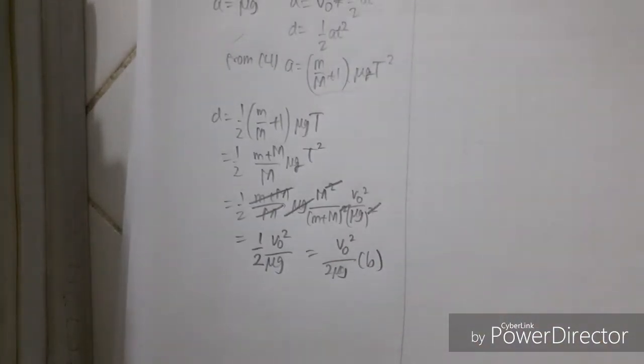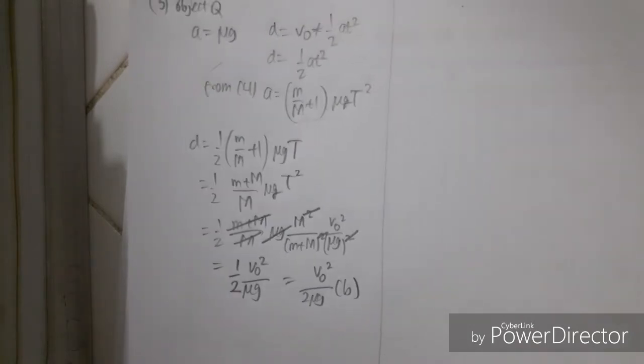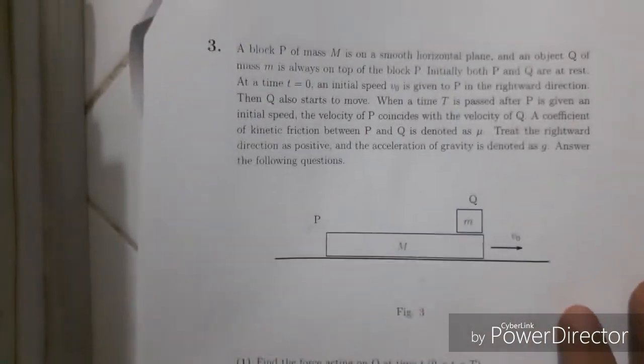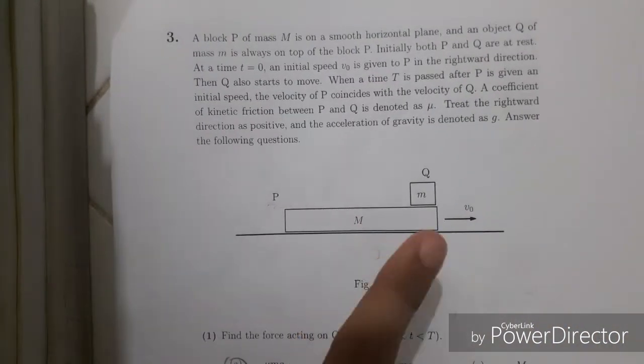So that is it, everyone, for how to do part 2 of this particular problem on the stack block. The main way to understand how to do this particular question is to understand how stack blocks work.